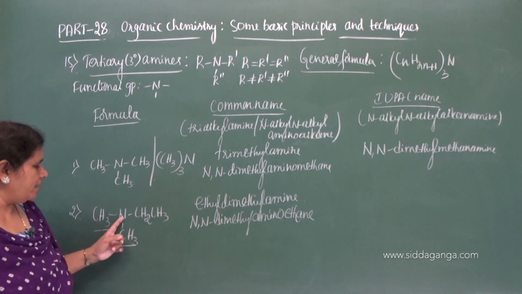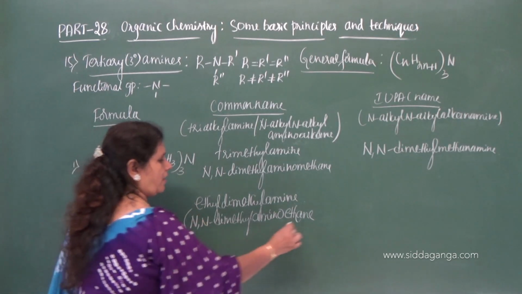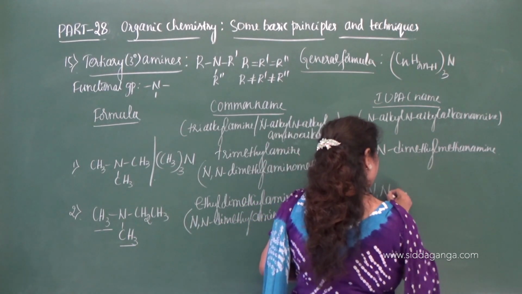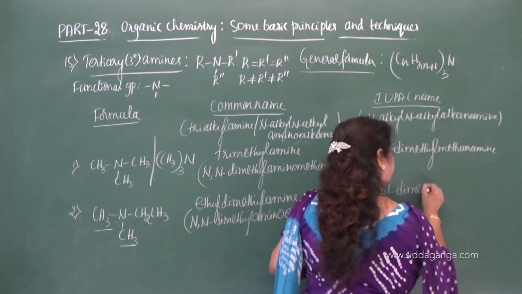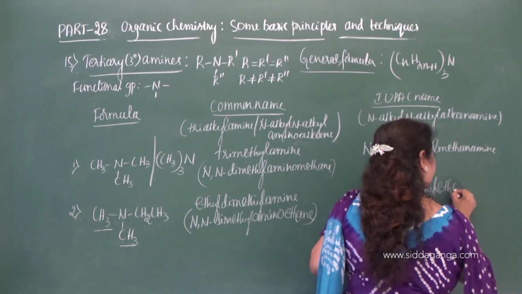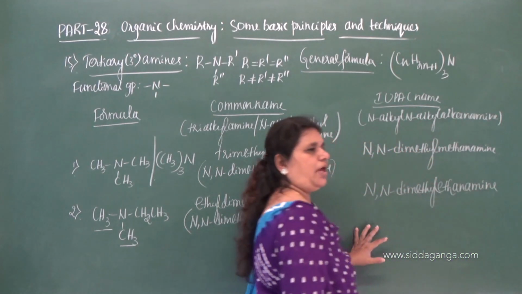Now what is the IUPAC name? N comma N dimethyl ethanamine, ethanamine is the IUPAC name.